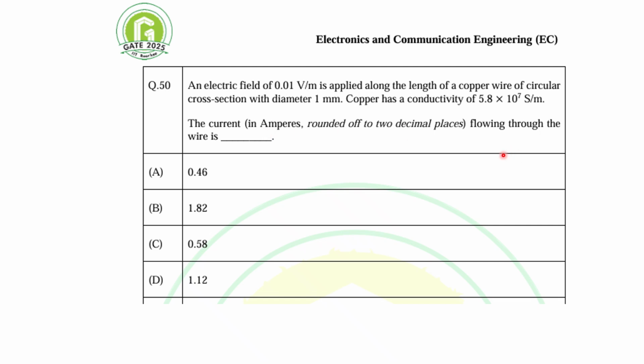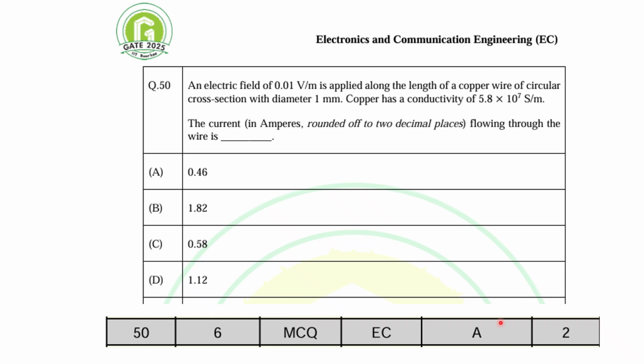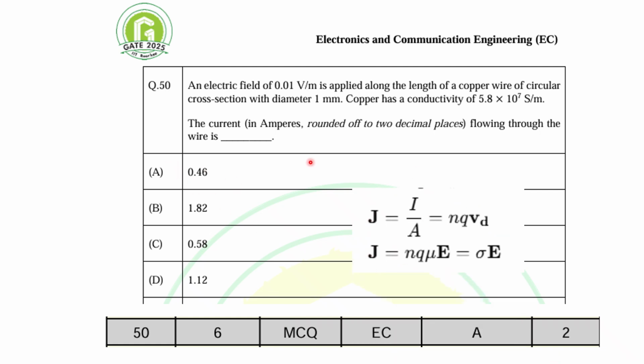So the conductivity of copper is given. Now you have to find the current, which means the drift current. As per the answer key, your answer should be 0.46. How can we find the drift current? It can be found using the formula J is equal to N Q Vd, where Vd is equal to mu into E, the drift velocity. So finally J will be equal to N Q mu E, that is conductivity into electric field.